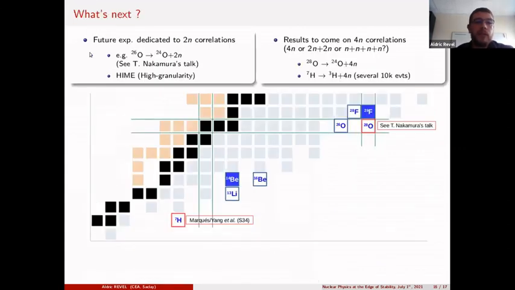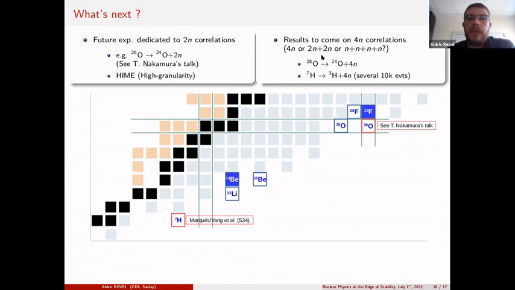And so what's next? Briefly, there are going to be future experiments dedicated to neutron correlation, like I mentioned. In the case of oxygen 26, there is a proposal from Nakamura-san, where he's going to use Hime, a high granularity neutron detector, but also a 4-neutron correlation experiment, where it will be interesting to see if those states decay by the emission of 4 neutrons simultaneously, or 2 neutrons at a time, or in some kind of democratic decay of 4 neutrons.